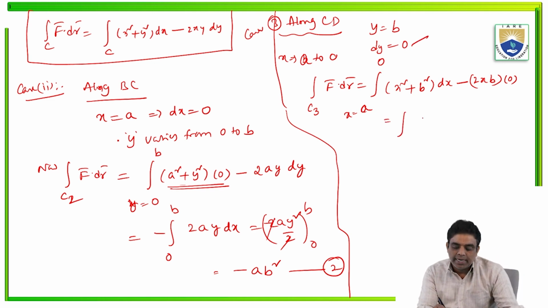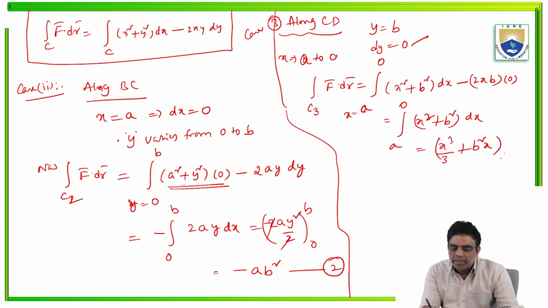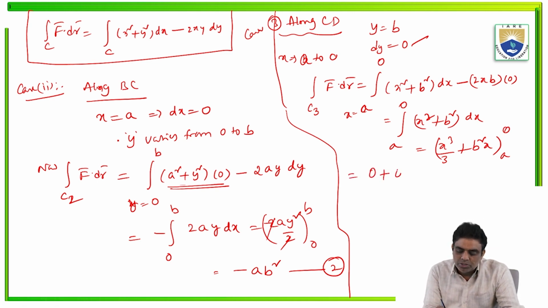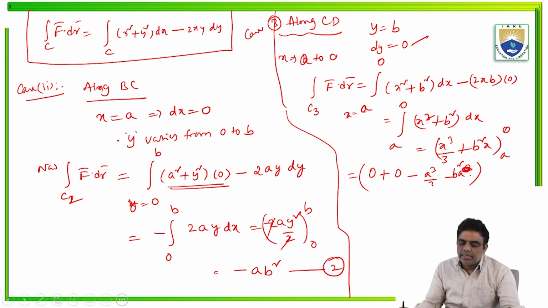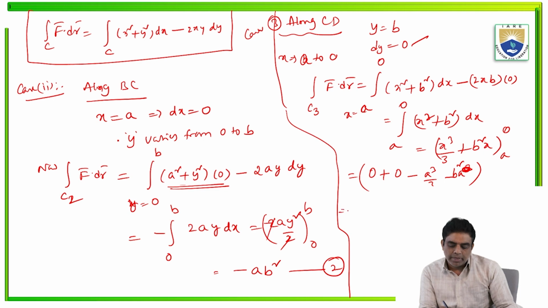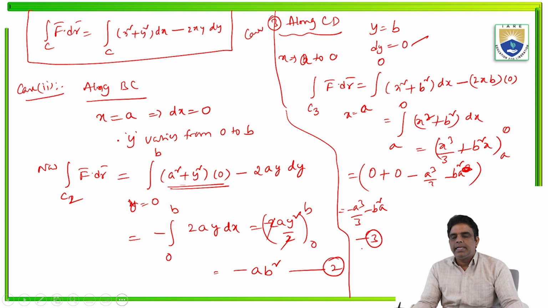So only the first term remains: the integral of x square plus b square dx between the limits a and 0. On integration, x cube by 3 plus b square x between a and 0. Substituting for x, the lower limit gives 0, minus a cube by 3 minus b square into a. This is the value, minus a cube by 3 minus a b square. This is the case 3 evaluation.